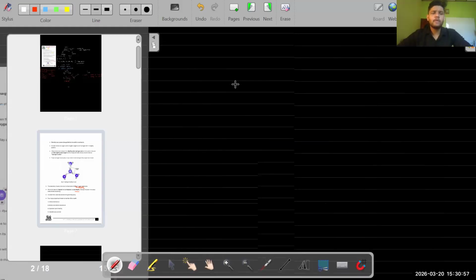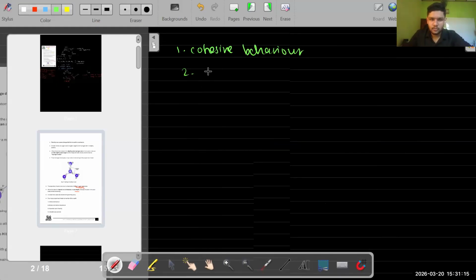Okay. Now we have understood about the structure of water molecule, why it is important. Now we are going to understand what are the properties of water, right? There are mainly four properties of water. First one, cohesive behavior. Second one, ability to moderate temperature.